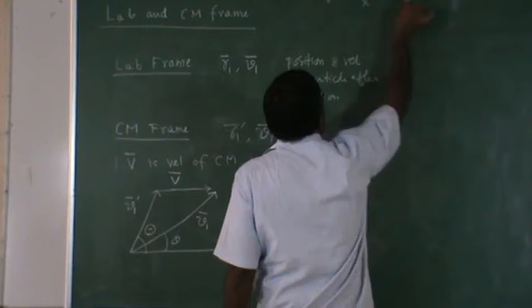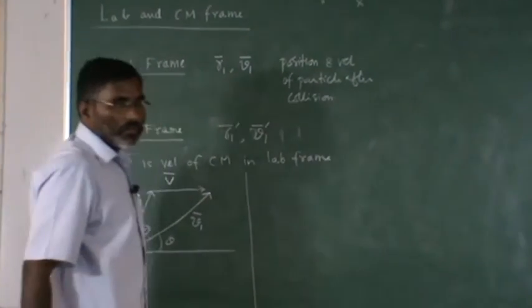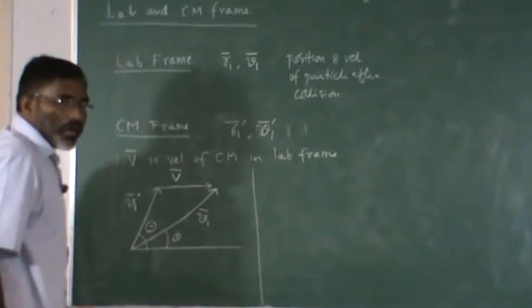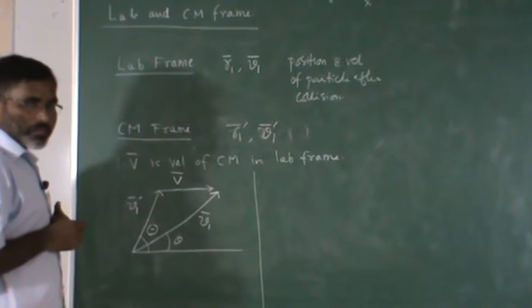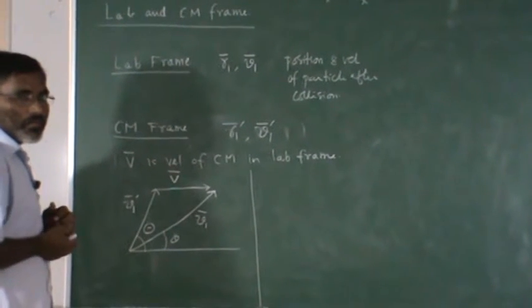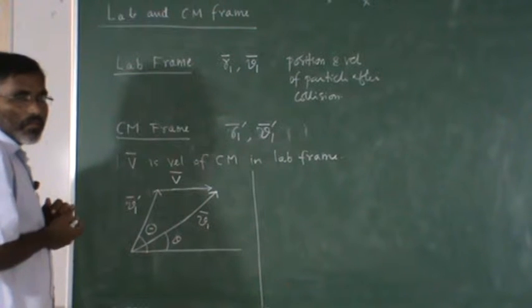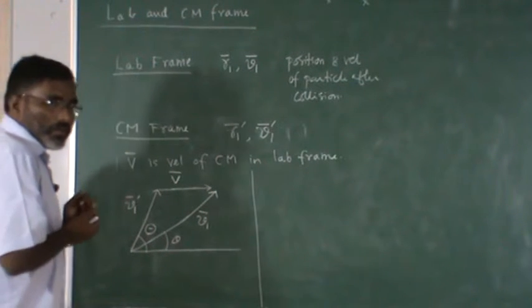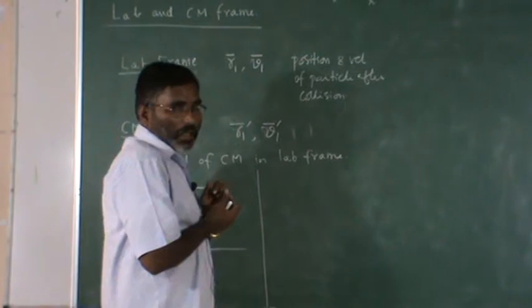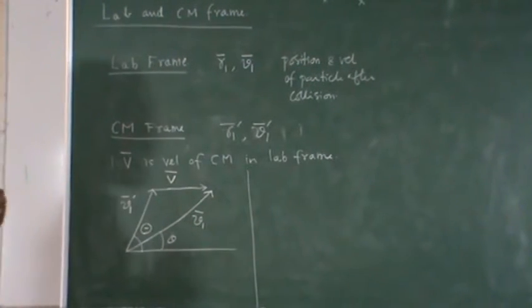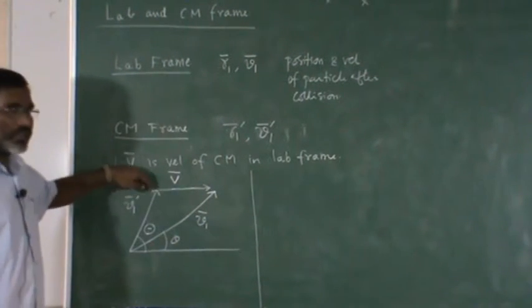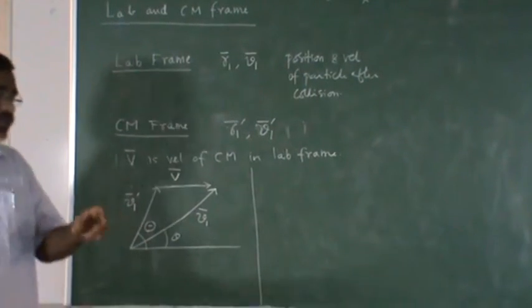So the center of mass will move in this direction, always along that line. The center of mass velocity is in that direction.